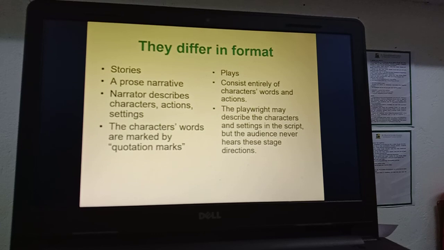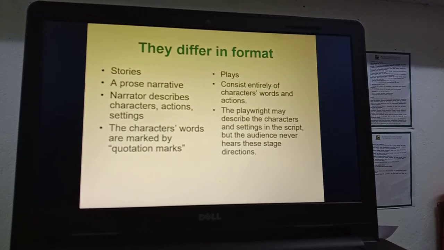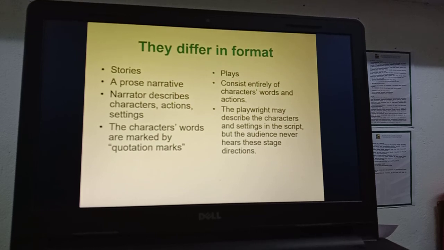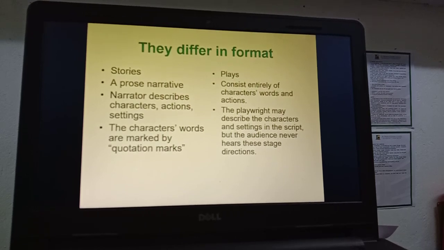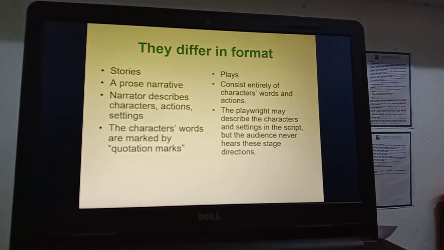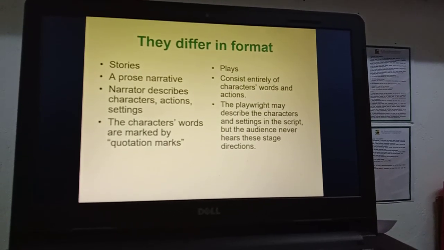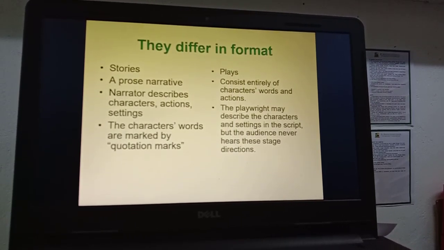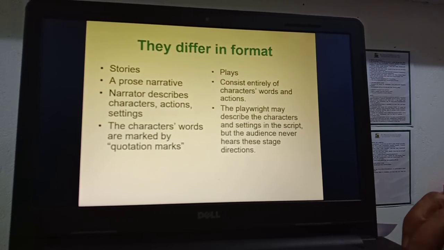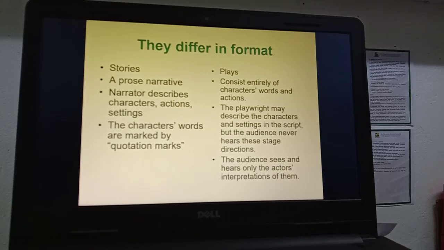The playwright may describe the characters and settings in the script, but the audience never hears these stage directions. All of this is written in the script: the actors' directions or the blockings, when you are told to sit down, to stand, to run, to shout. These are all indicated in the script. The audience sees and hears only the actors' interpretations of them.